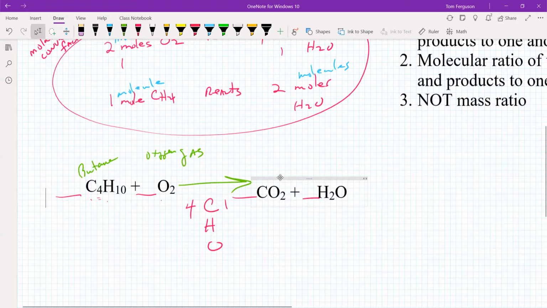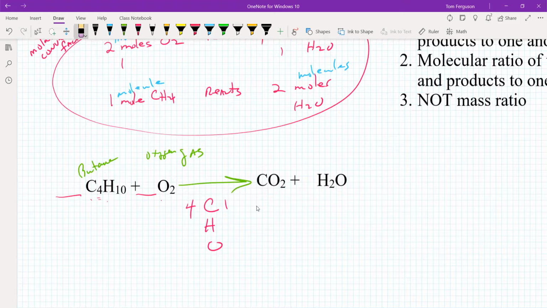Move this up a little more. Okay, hydrogen 10 on the left, 2 on the right, 2 oxygen.